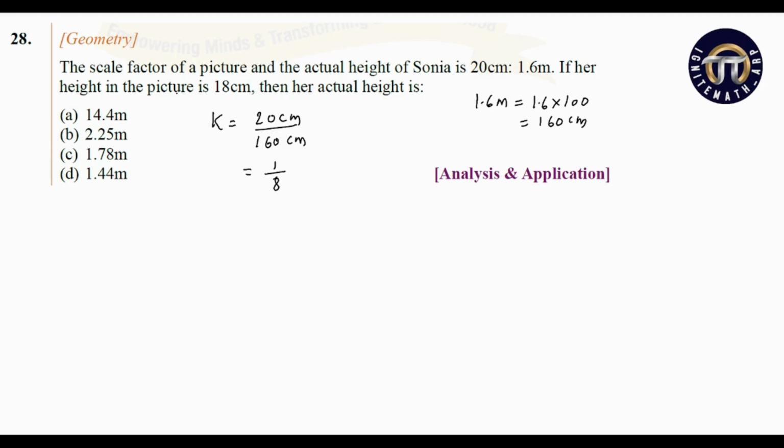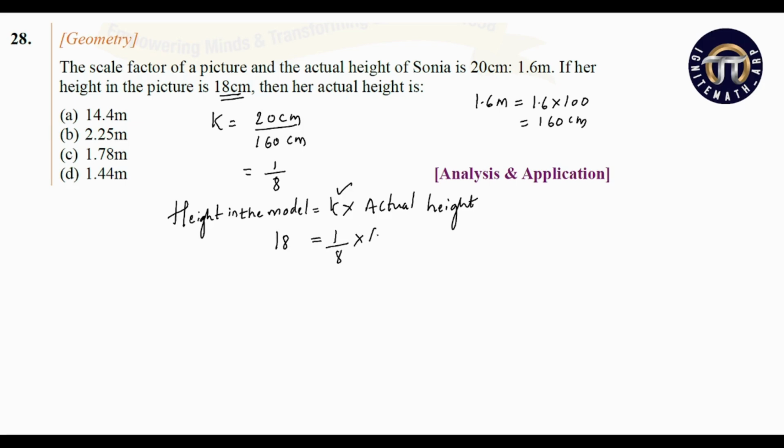Now if her height is in the picture, in the sense height in the model, height in the model is equal to the scale factor into actual height. Clear, children? So height in the picture is 18 centimeter. We got to know K, that is 1 by 8, into actual height.